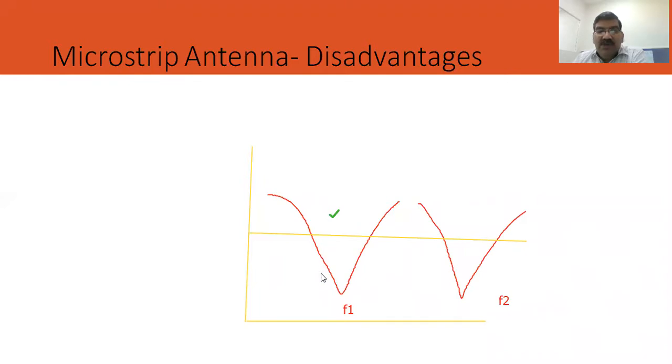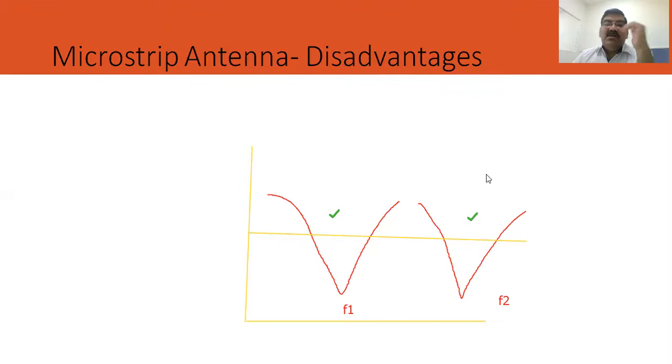So if you are using this frequency range, and if you add capacitance or adjust accordingly, then it will tune to this frequency. So you can use it for this frequency band; the physical dimension of the antenna will remain the same, but you can change it to another one.